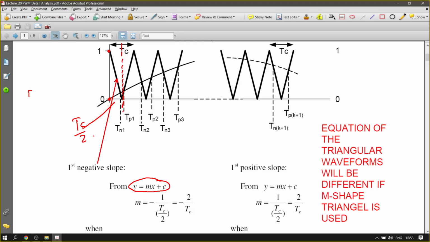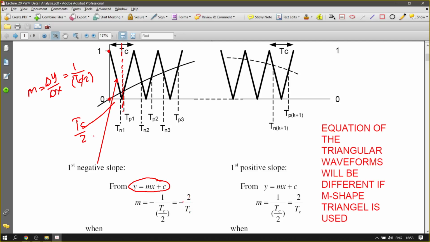So m is always delta Y divided by delta X. Delta Y is 1, delta X is TC over 2. So that's why we have negative, because it's a negative slope. So we have negative 1 over TC over 2, and finally m equals minus 2 over TC.